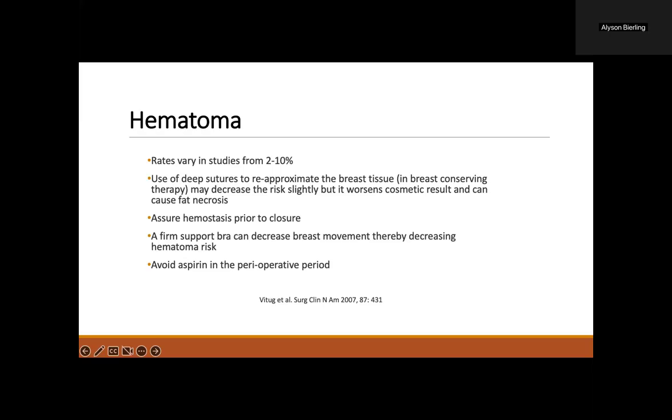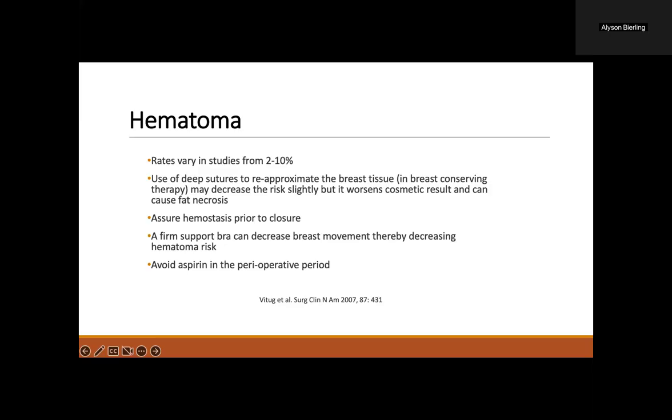If you get a hematoma under a mastectomy flap, you almost always have to take them back to the operating room, open up the mastectomy flaps, wash it all out, look for any bleeding, which you've probably started just doing that, and then close them back up again. But the rates vary in studies from 2 to 10%. Some is probably also related to how meticulous people are with hemostasis and how extensive the surgery is.